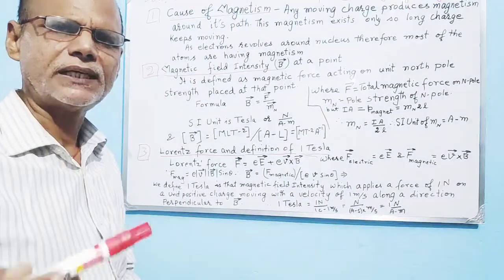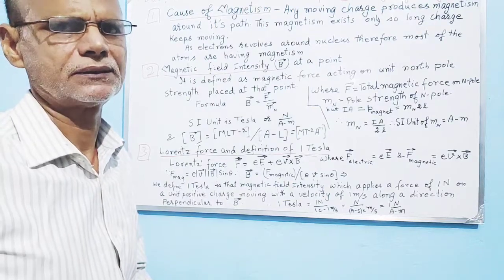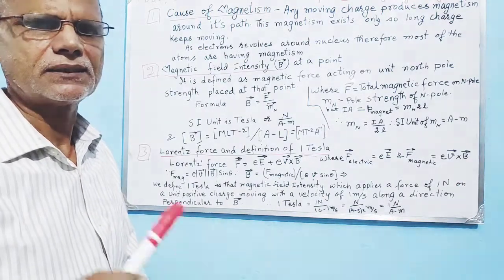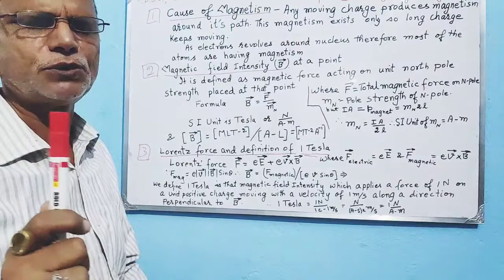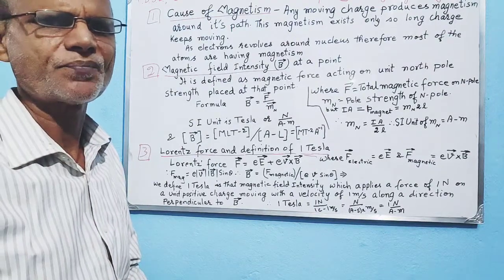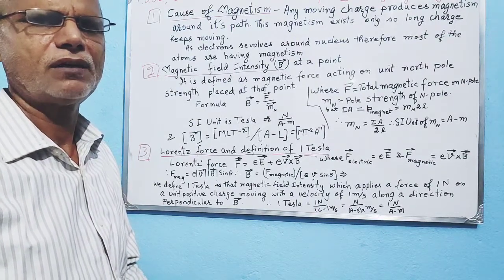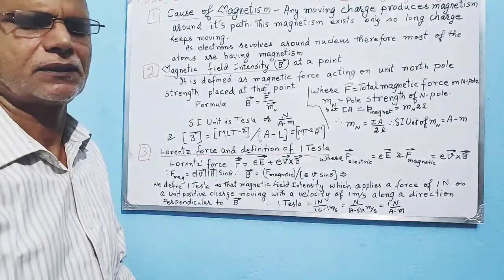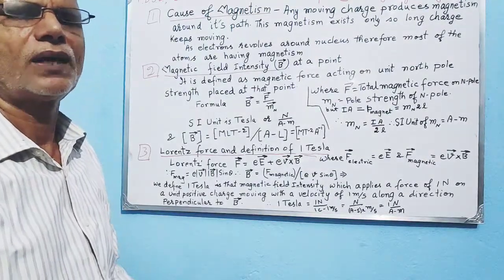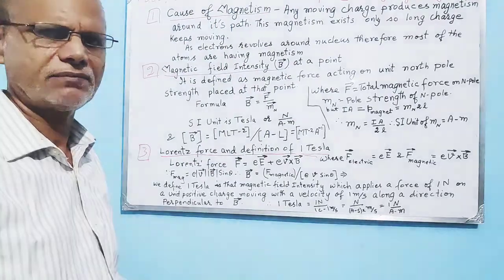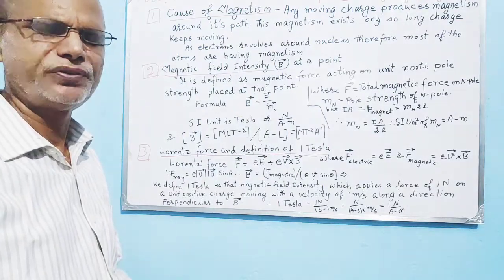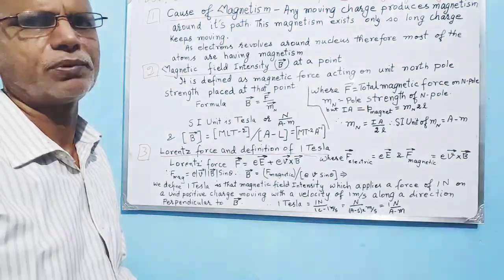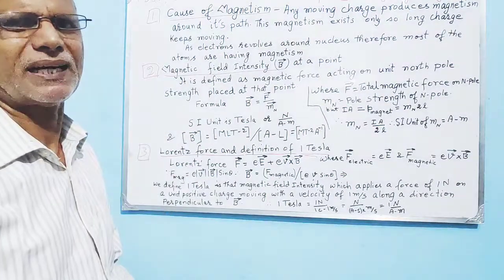Whenever any charged particle is moving, immediately magnetism is produced around it. This we will also prove mathematically in the coming chapters. So what is magnetism? Now we have the basic idea. The moving charges are able to produce magnetism around their path.